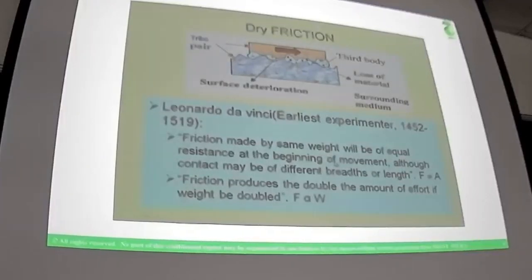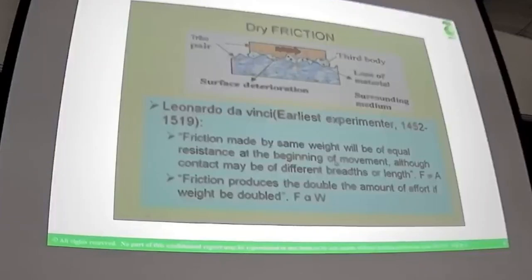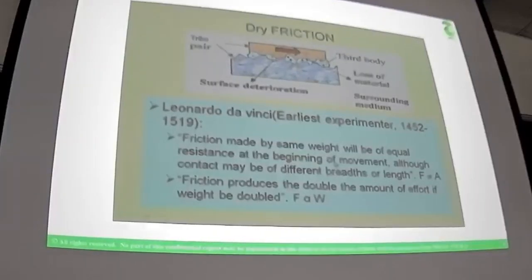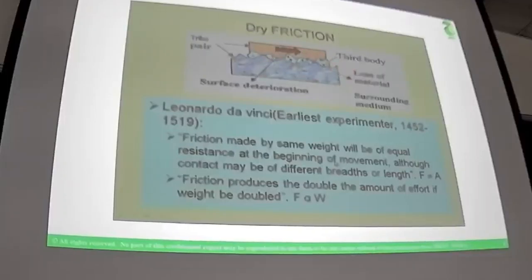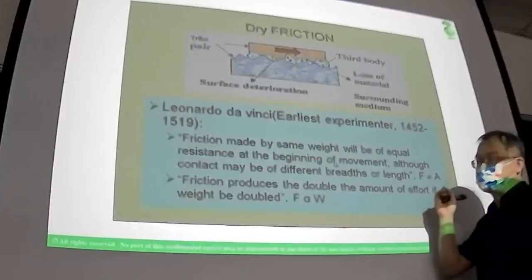So if you consider the abrasion theory, the three bodies is called the three body abrasion. If you consider only the tribal pair, the body one and body two, without the debris, it is called the two body abrasion. So later on we will discuss this.